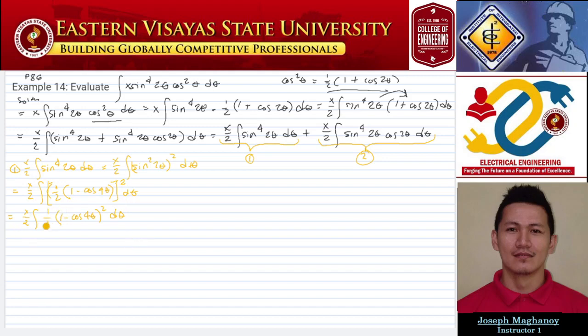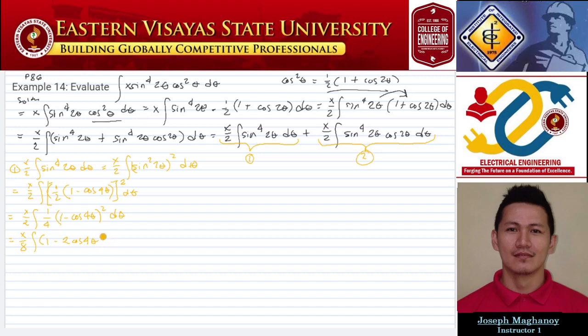So we carry out this constant. So 1/4 times x over 2, that is x over 8. And the integral of, we expand this. So since it's a minus, 1 squared, still 1. Then 2 times cosine 4 theta, then cosine 4 theta.